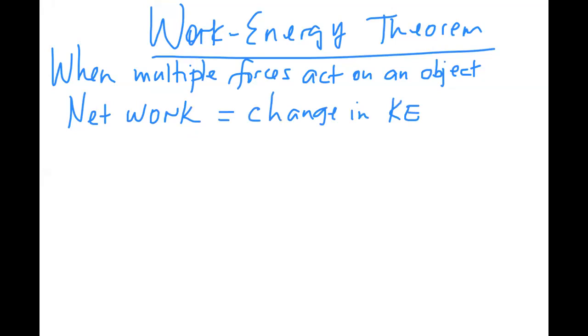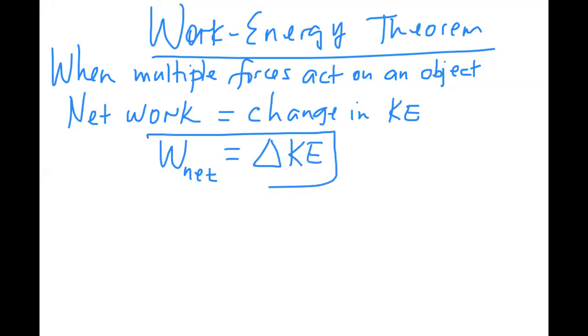Or you can write this as W net is equal to delta KE. So this is called the work energy theorem. It says that the net work done will be equal to the change in kinetic energy.